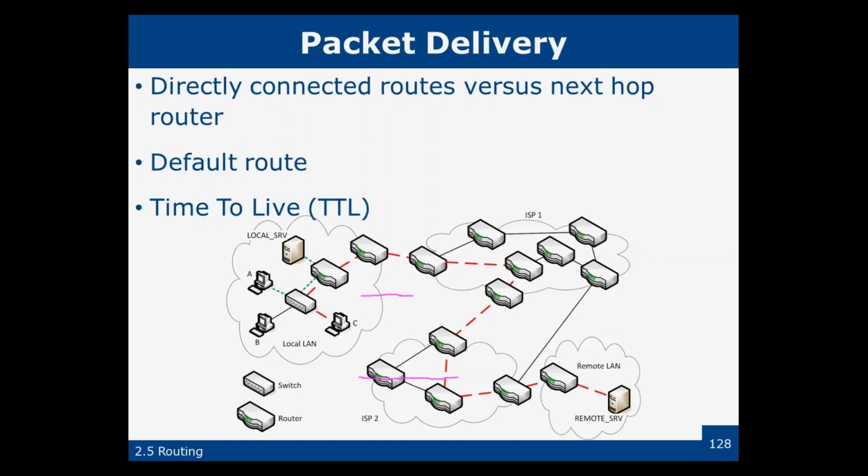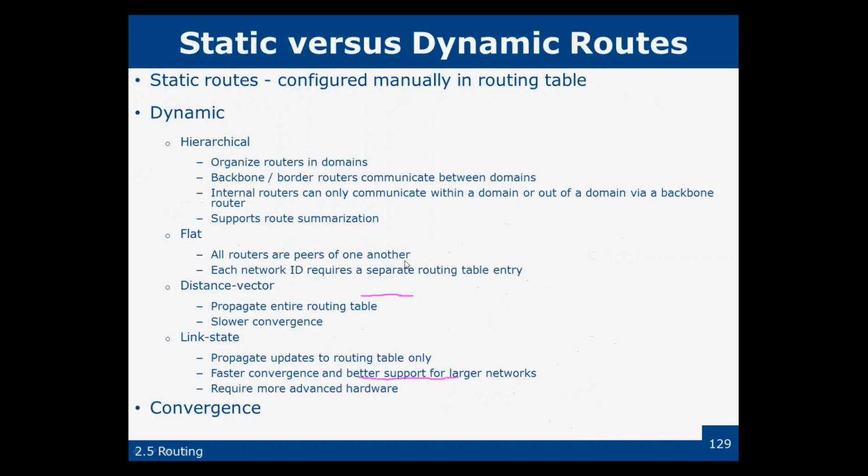The efficiency that happens with this is what the routing protocols are all about. Dynamic, static routes are manually configured in route tables, and when you manually configure them in route tables, by the way, they're the most trusted routes.